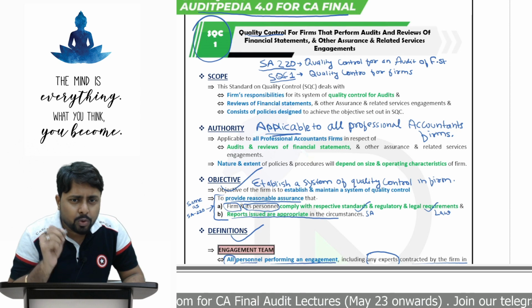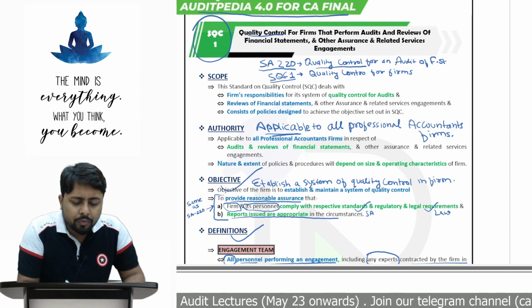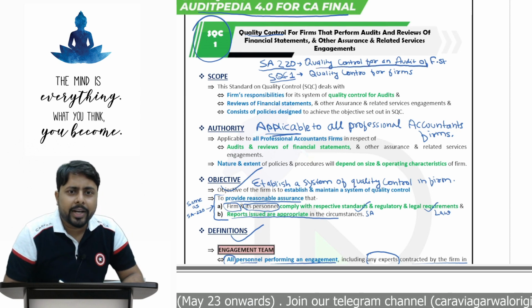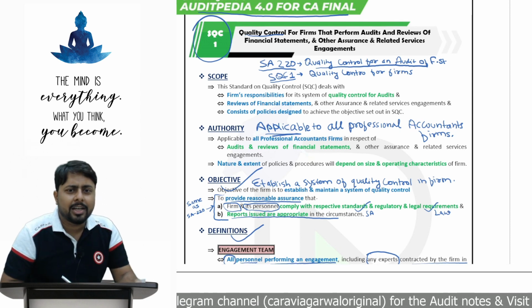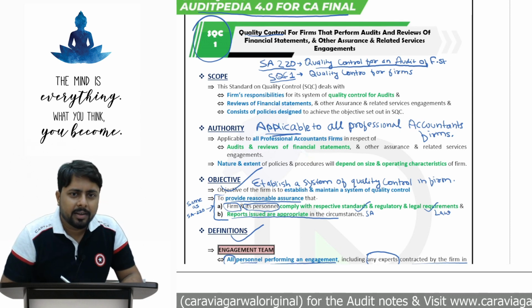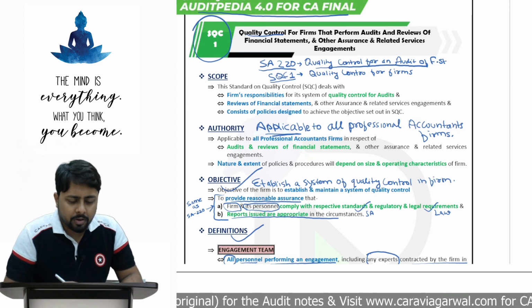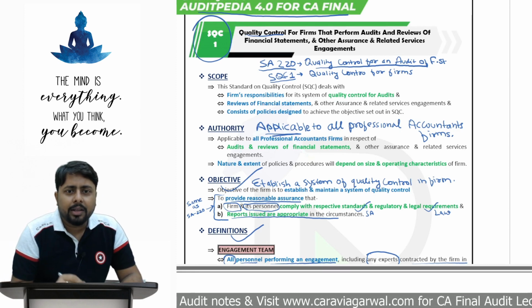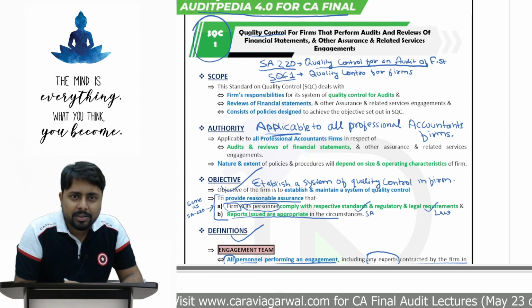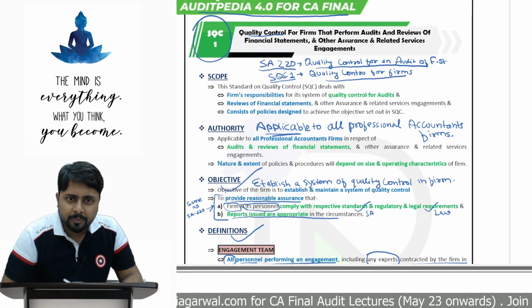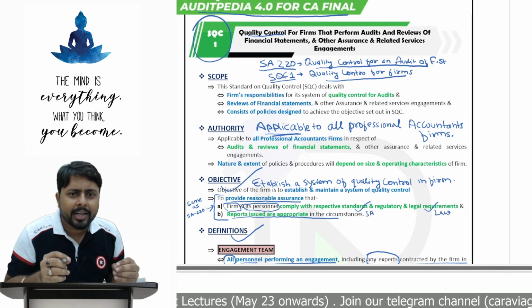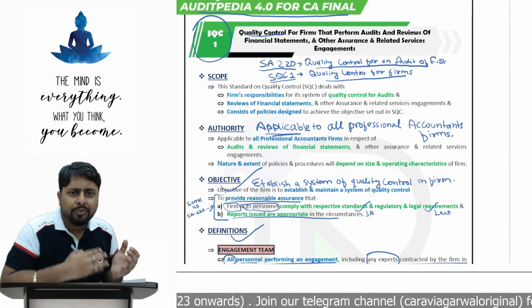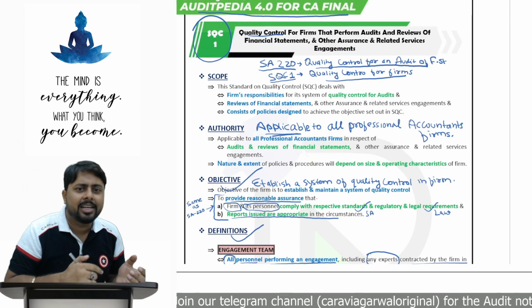See, SA 220 is quality control for an audit of financial statements. Whenever you do the audit of financial statements, you need to comply with SA 220. But if you are a CA firm, the firm has to comply with SQC1, that is quality control for firms. The difference is absolutely clear. Do not create any confusion. If you are an auditor doing the audit of financial statements, you comply with SA 220.